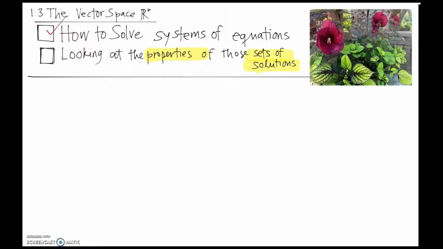Just like a sociologist goes into the society and investigates what these people might have in common or what their origins are, we're going to take a look at the solutions to the systems of equations that we now know how to solve and try to tease out some information, some generalities that we can think about.